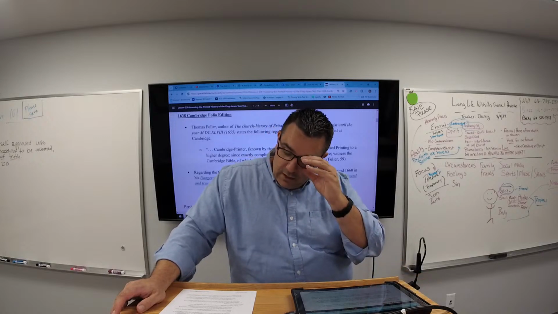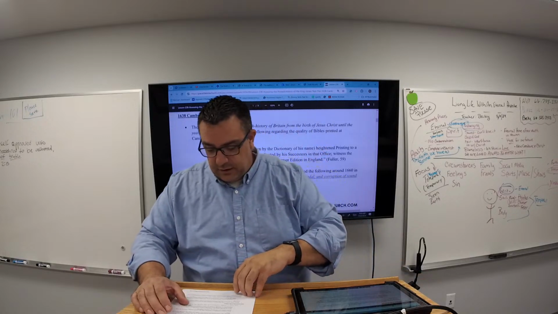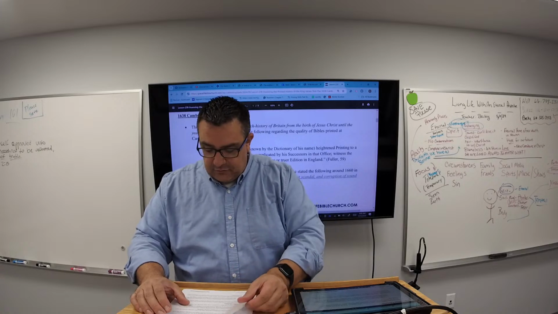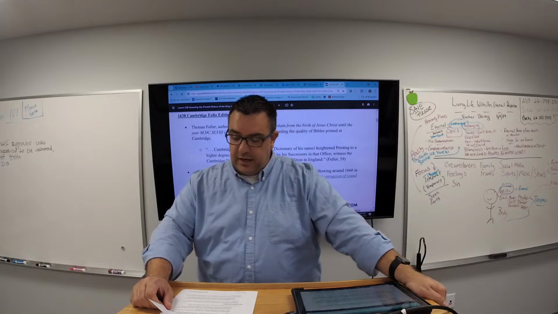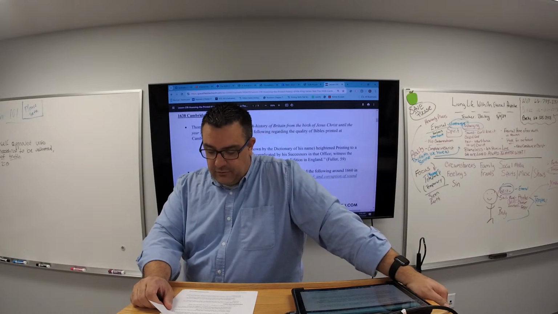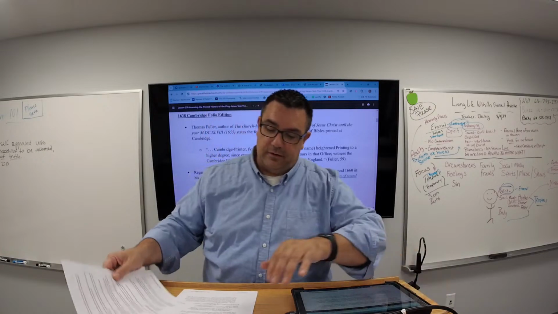Okay? Next point. Regarding the Cambridge edition of 1638, William Kilburn stated the following around 1660 in his Dangerous Errors in Several Late Printed Bibles, to the great scandal and corruption of sound and true religion.